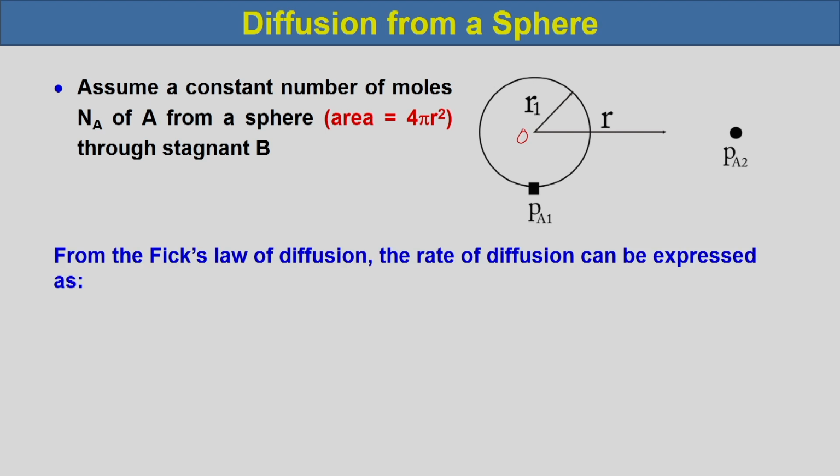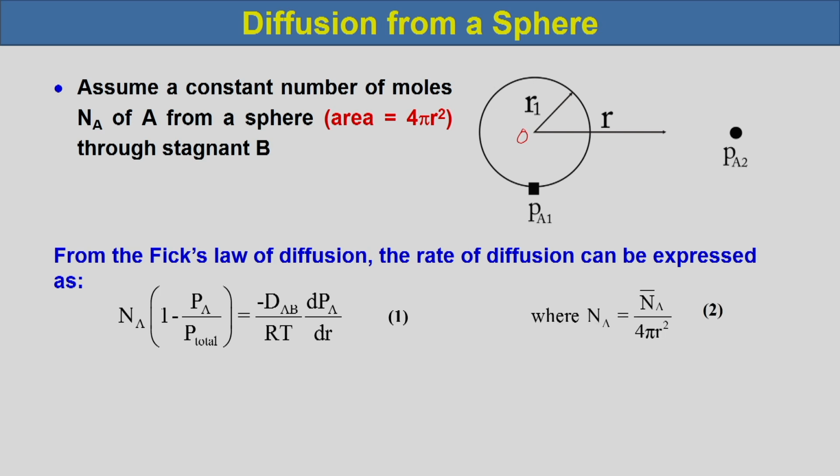Now, if we consider Fick's law of diffusion, the rate of diffusion can be expressed as Na into 1 minus Pa by P total, where Pa is the partial pressure of component A, which is equal to minus dAB by RT into dPA by dr, where Na is equal to Na bar by 4 pi r square.